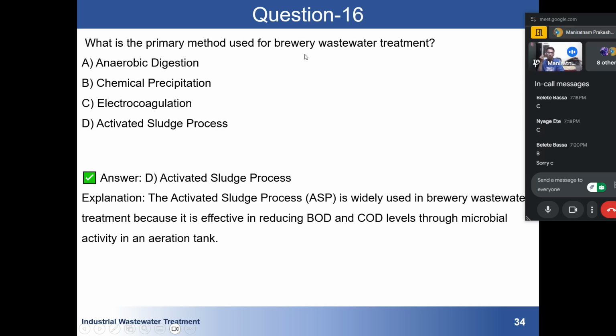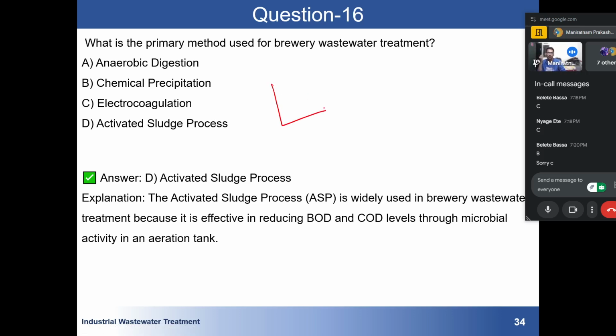And we know that brewery industry wastewater has a huge amount of COD and BOD. So here simple anaerobic digestion won't help. We have to use activated sludge, and I hope you recall what activated sludge is.